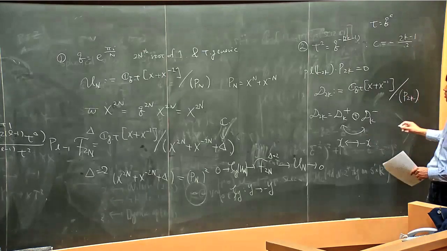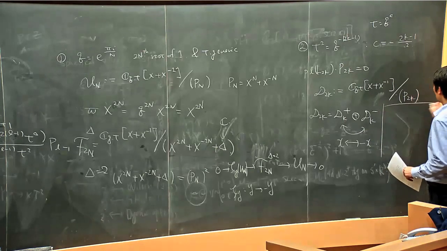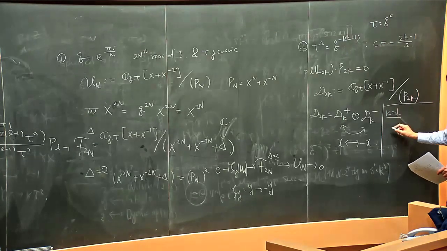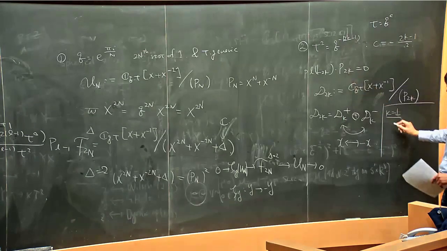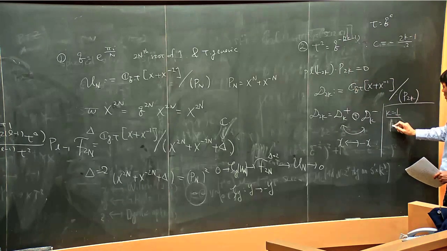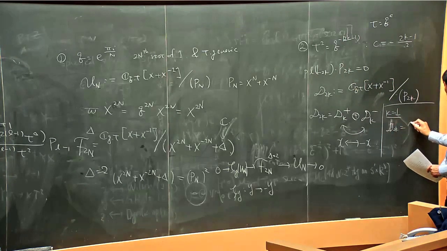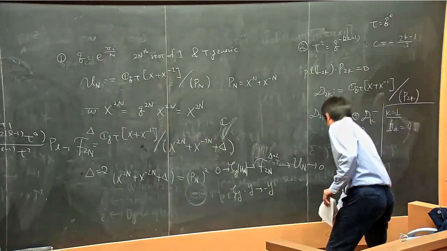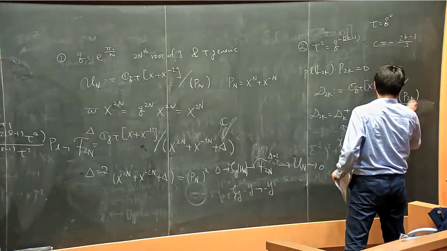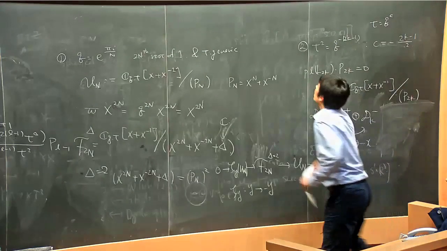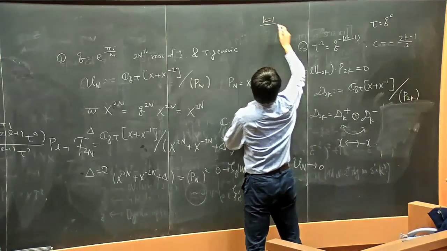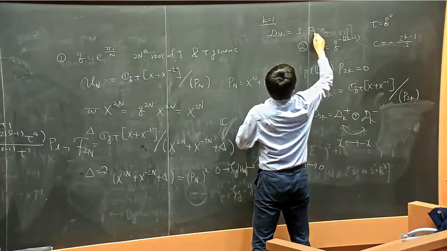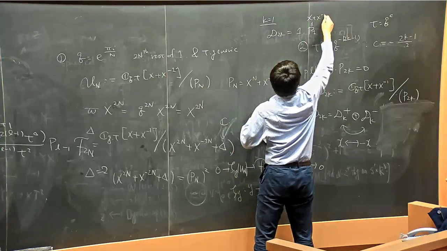For instance, when k equal to 1, this finite dimensional representation is generated by 1 and P1, which is x plus x inverse.